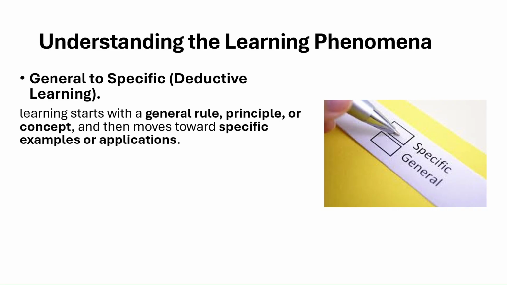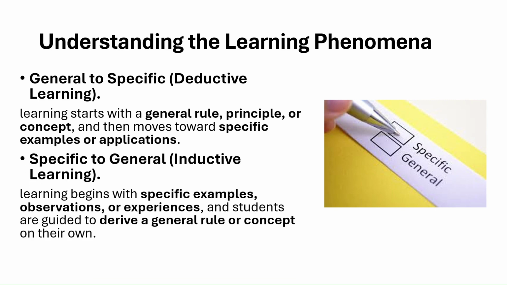This technique is basically used to cut down the information relevant to a learner. The second one is specific to general. It is a different strategy in which a specific outcome or experience is explained from a general perspective.